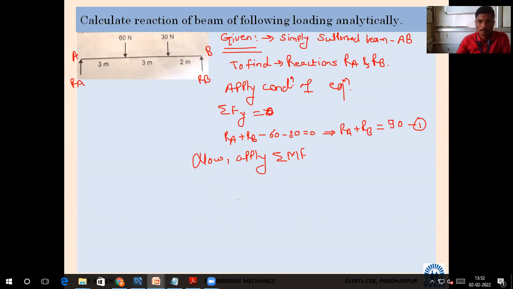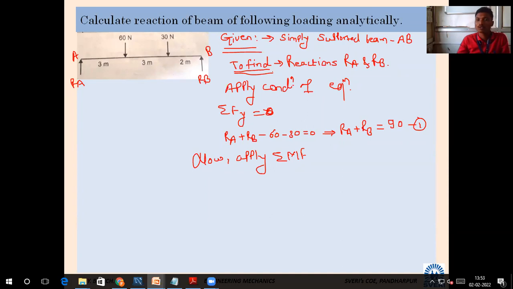Lowermost left point, it may not be the logic. What are we supposed to find here? The reactions at points A and B.